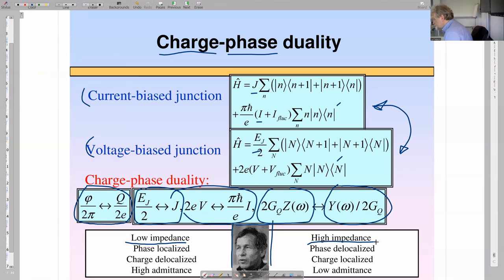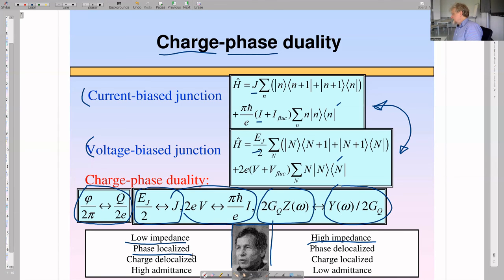And as we have learned from the Josephson junction, from charge tunneling, for low impedance, there is Josephson current going on, which means that the phase is well defined, it's localized at a certain value, right?